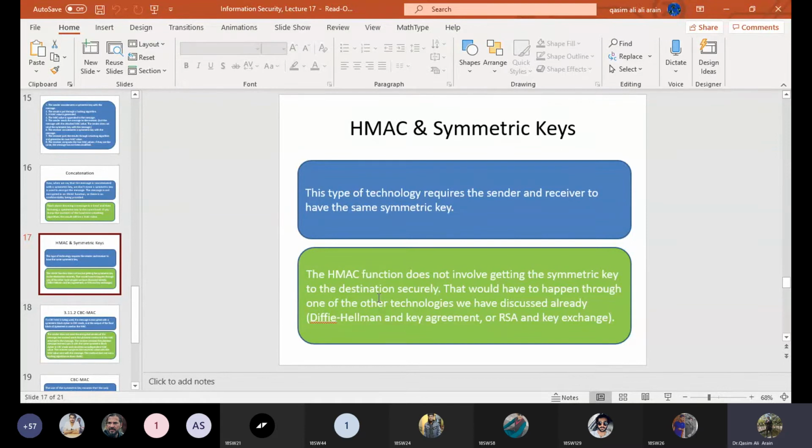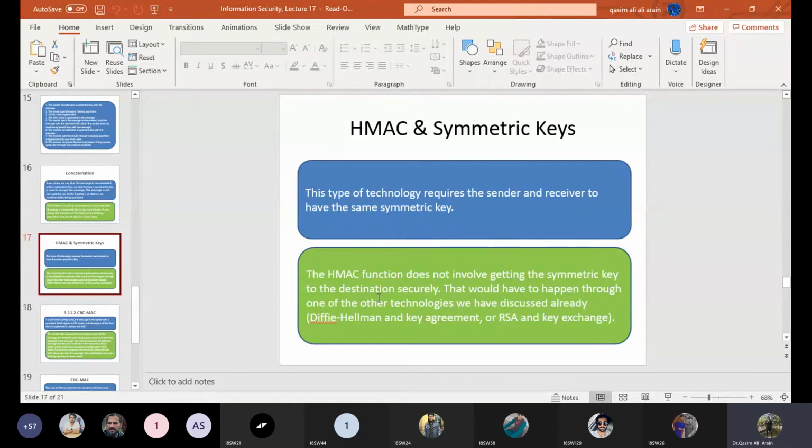It's just for the purpose of generating a hash at both the ends, I mean at the sender's end as well as at the receiver's end. Now the key distribution, like symmetric key distribution, we know is a big issue. So the key distribution is the responsibility of some other services like the Diffie-Hellman key agreement protocol, and RSA is your key exchange protocol.